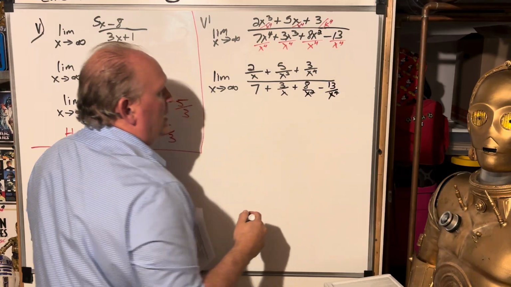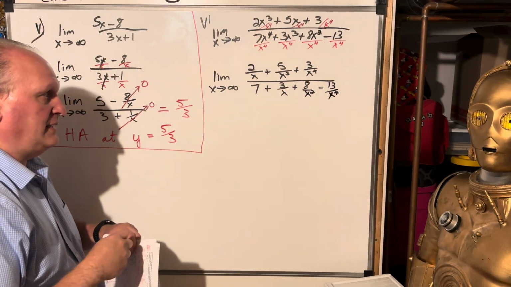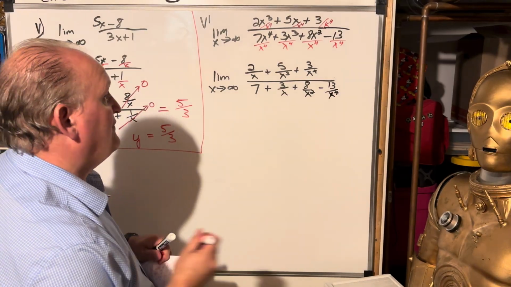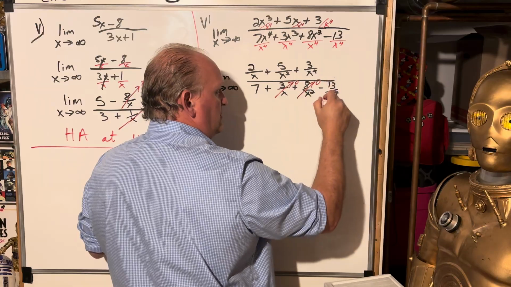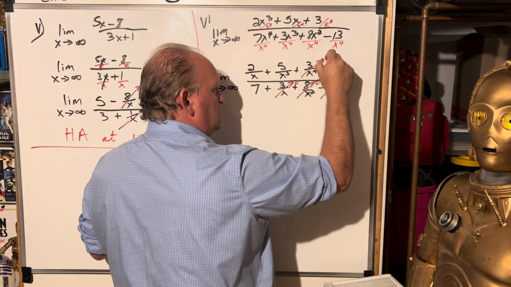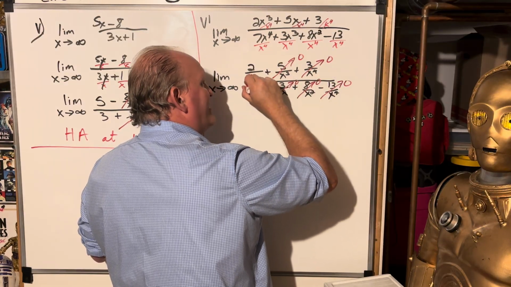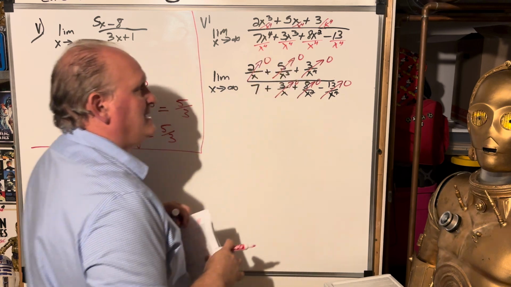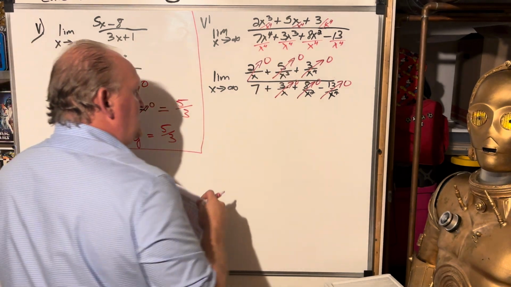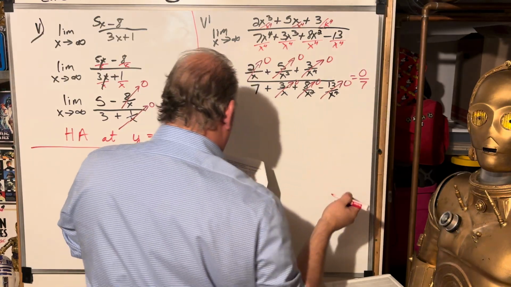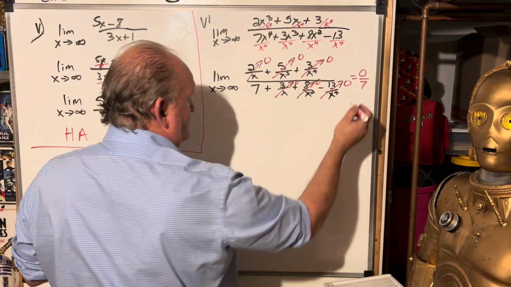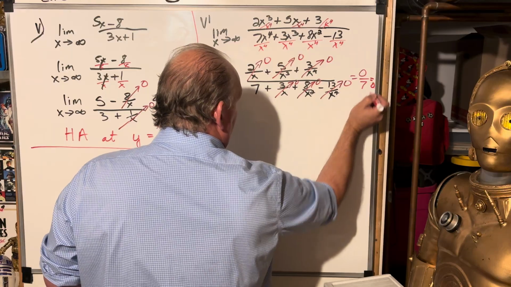So now, if you thought 3 over x went to 0 quickly, 8 over x squared goes even faster. So this goes to 0, this goes to 0, this goes to 0, this goes to 0, this goes to 0, this goes to 0. That's kind of the key here. So at the end of the day, we end up with 0 over 7, which is 0.